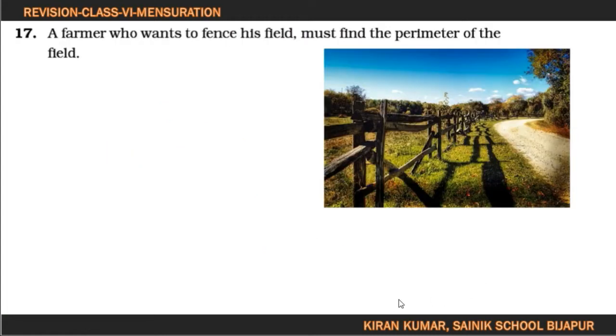A farmer who wants to fence his field must find perimeter of the field. This particular statement is a true statement. For finding how much fence to be done, we require its outer boundary, which is the perimeter.